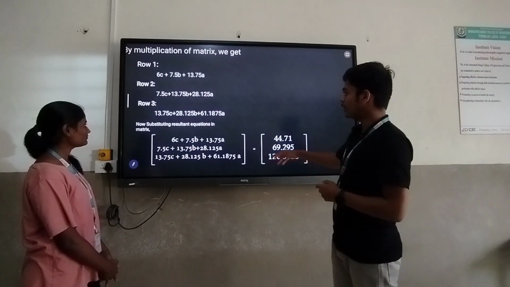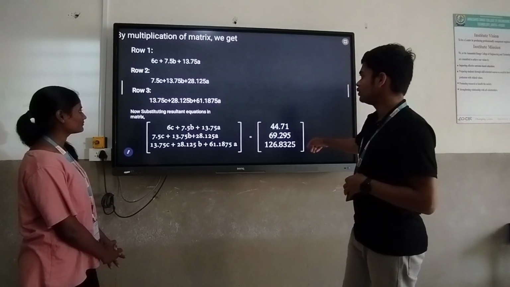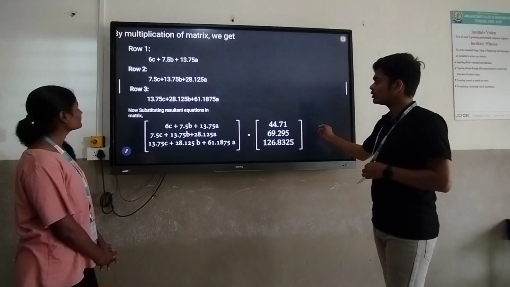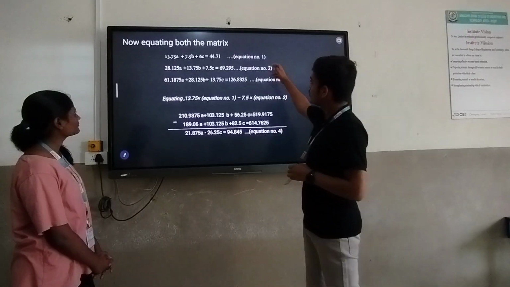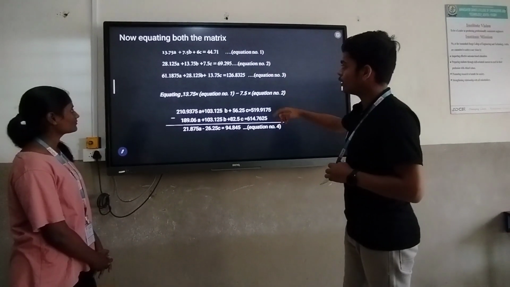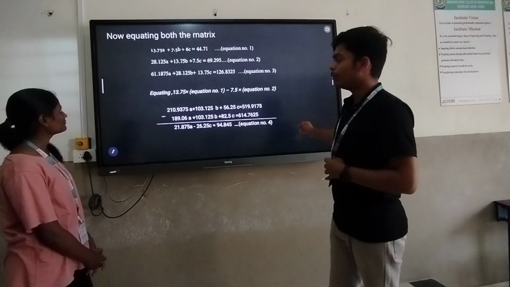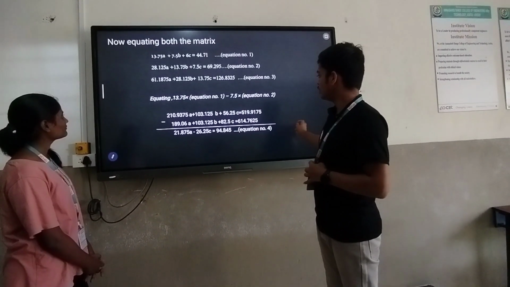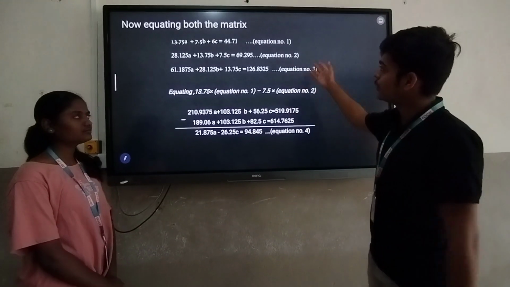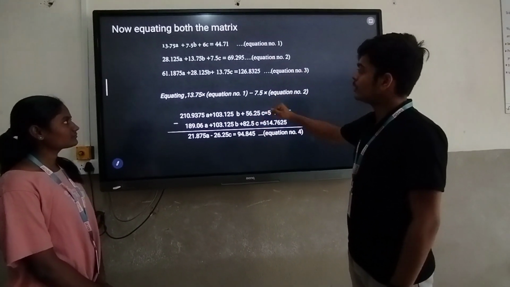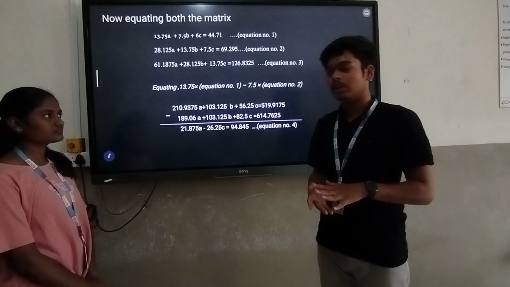We get equations and substitute them in a matrix and equate with these numbers. These are the equations we get. Now we solve these linear equations by the elimination method.